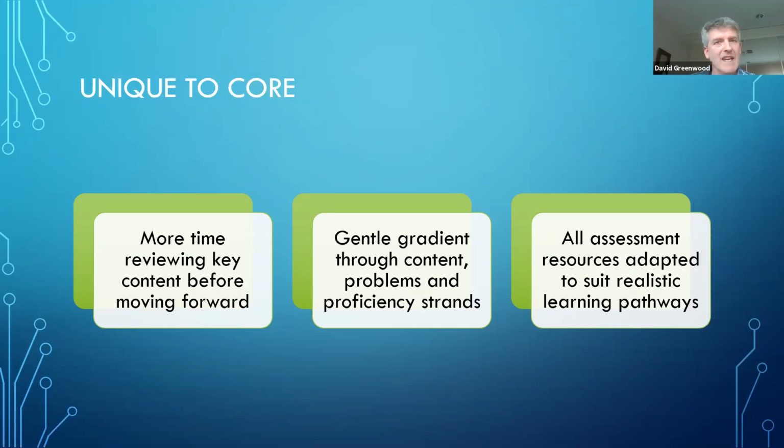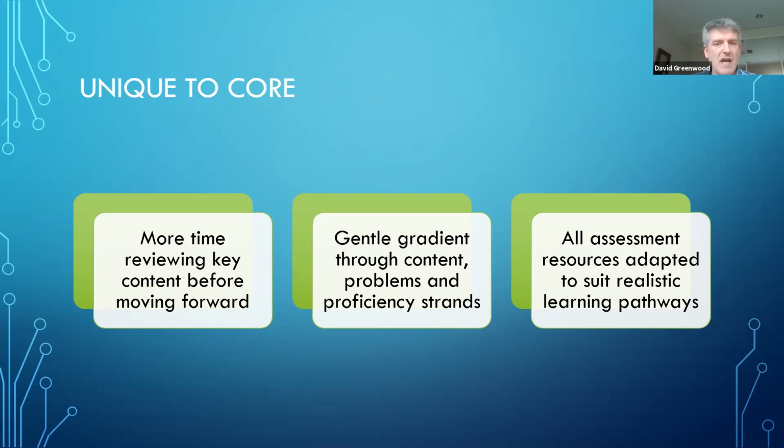All right, so unique to Core. What are the main three things that you could use to describe the Core series that is being published now, ready for use for next year? So one thing would be to say that Core is a series that spends more time reviewing key content before accessing the current curriculum at that level.